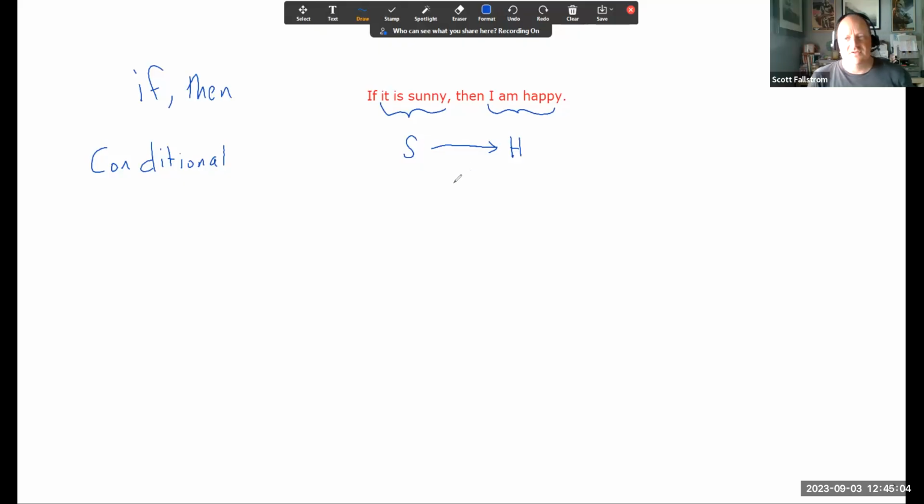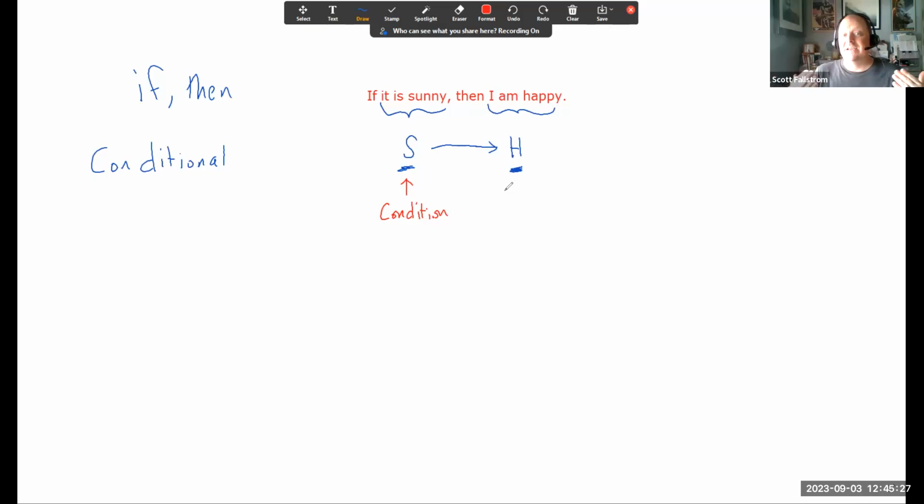And that goes from the hypothesis, that's the first piece here, hypothesis, to the conclusion. And I usually like to think, so for me, no, that's the official term, I like to think of this one as being the condition. Okay. So like if it is sunny, so what am I checking?